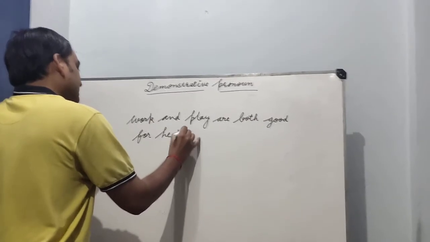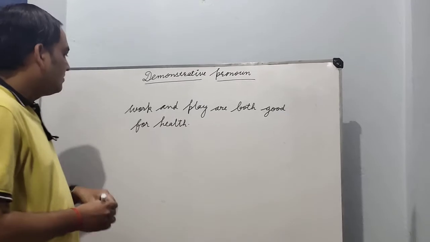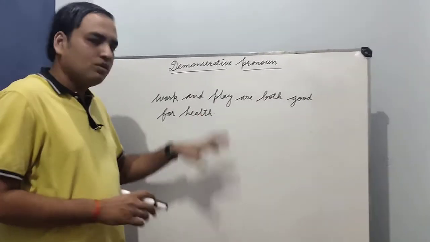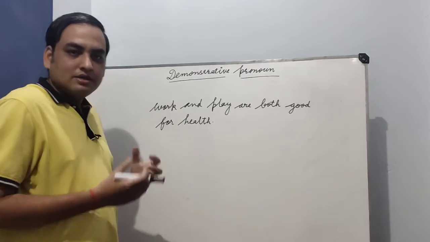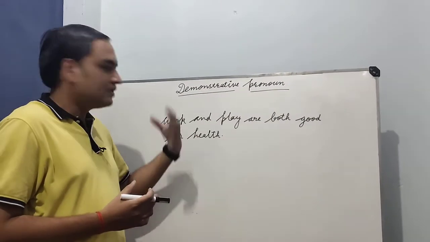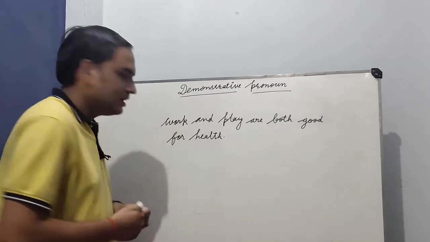In this sentence we are talking about two singular nouns. One is work, another is play, and both are good for health. Then we will use a demonstrative pronoun to avoid the repetition of work and play.